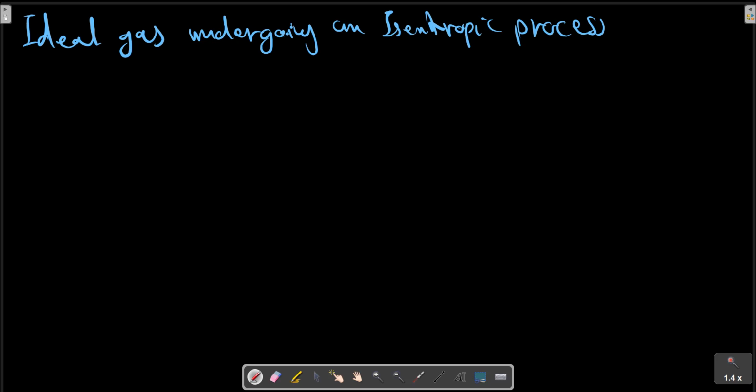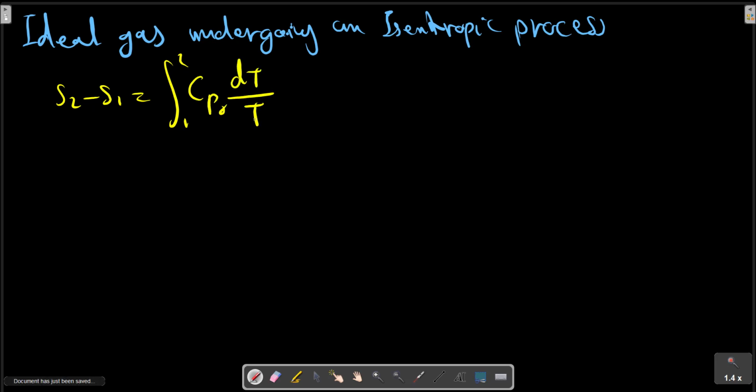We conclude that the equation expresses it as the integration for the constant pressure Cp over T, minus R ln P. With the left side of the equation equal to 0, it expresses the relation between the pressure and temperature at the initial and the final state.